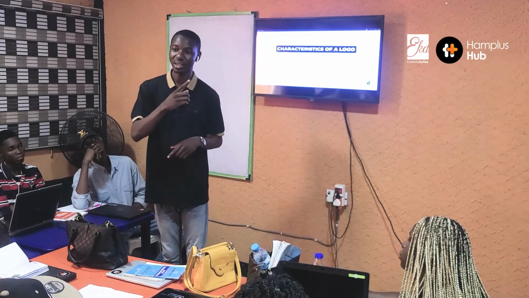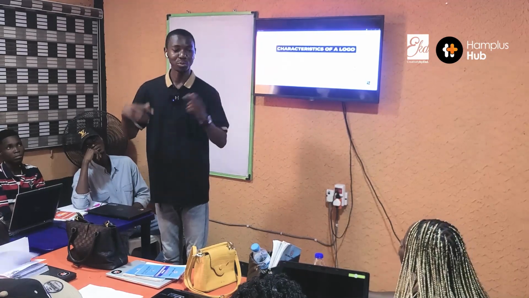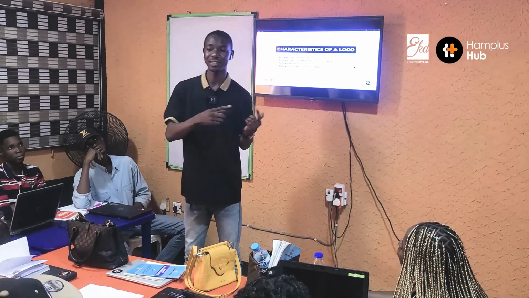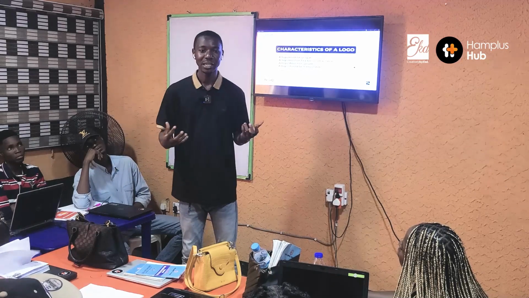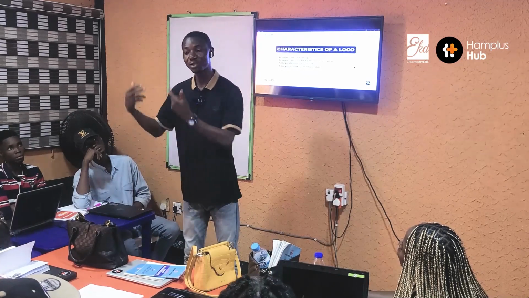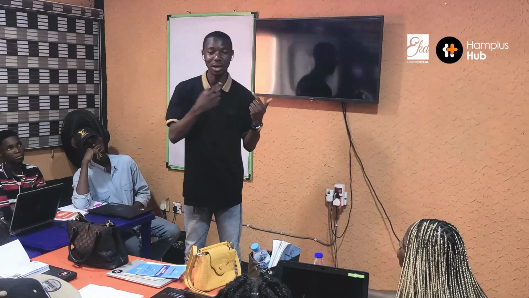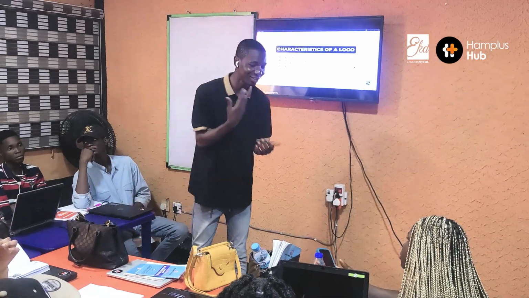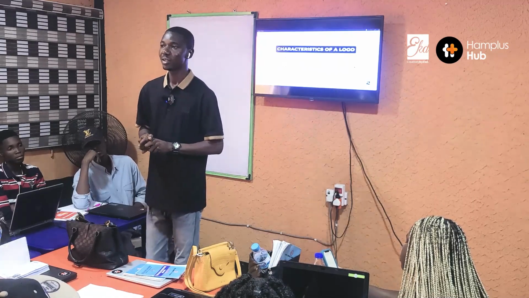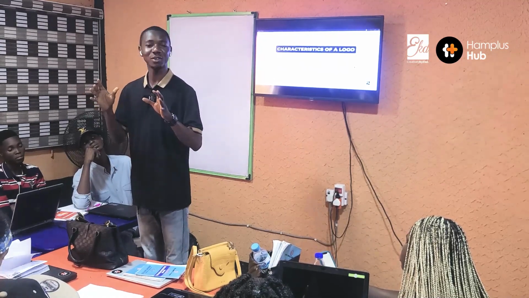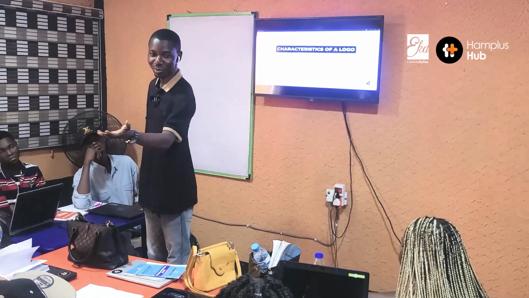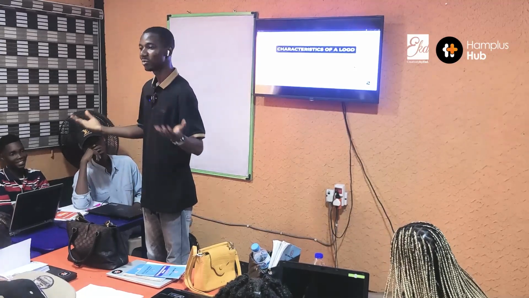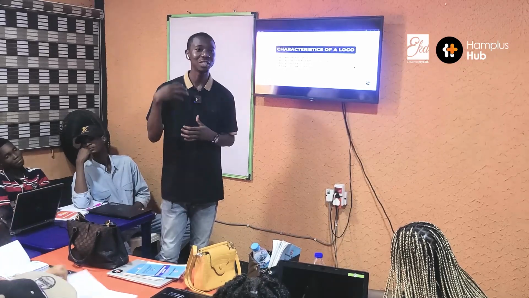From A to Z. You've seen the Amazon logo pointing from the A to Z, meaning that they have everything you need from A to what? To Z. So immediately you see that, you are able to remember it, right? So it makes your logo memorable, so your customers are able to relate with you better.